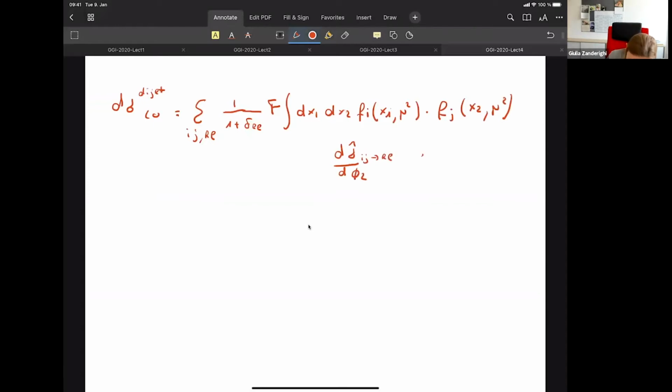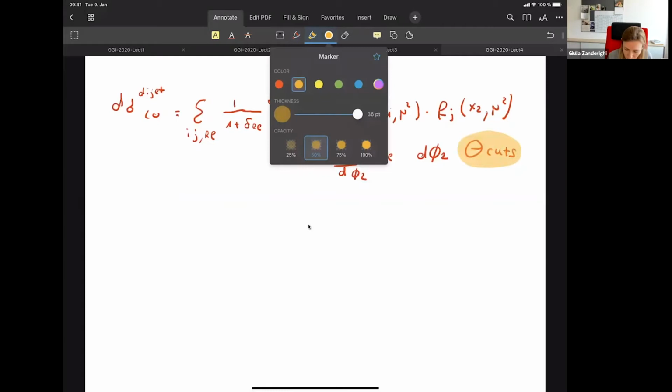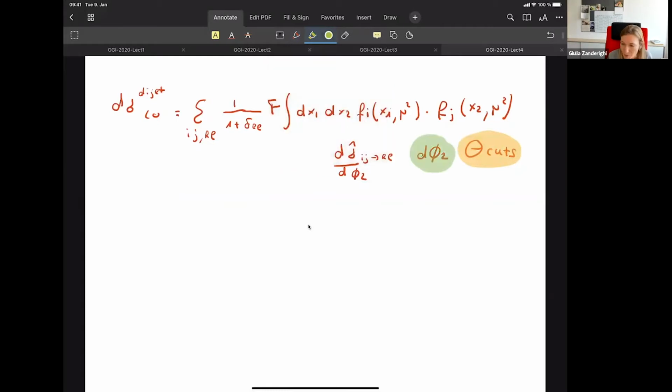And then you integrate over the two particle phase space. This is a two body phase space for two outgoing particles. And if you want, you can put a function, something like theta cuts. For instance, you can impose that your jets are above some given pT. This is in general what you call a measurement function. You can impose your constraints. This is the usual phase space, matrix elements, and so on.